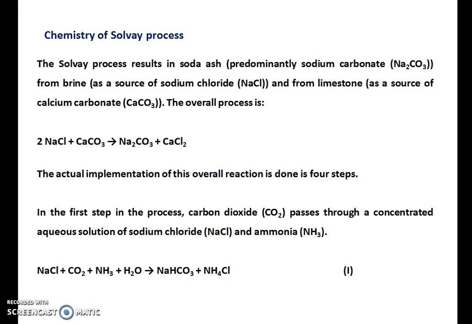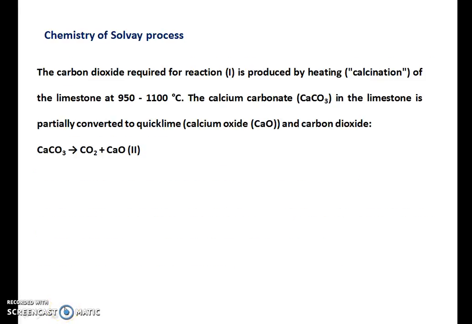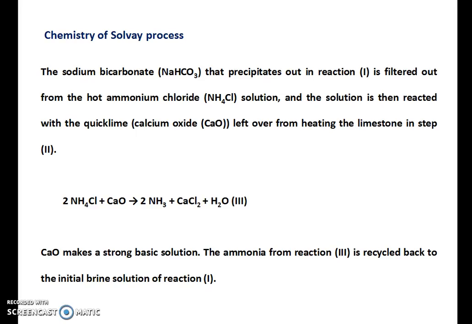You can look at the chemistry. This is the overall reaction, but when you look at the sub-reactions, you have NaCl reacting with CO2, ammonia and water to give ammonium chloride and sodium bicarbonate. This is the main process.